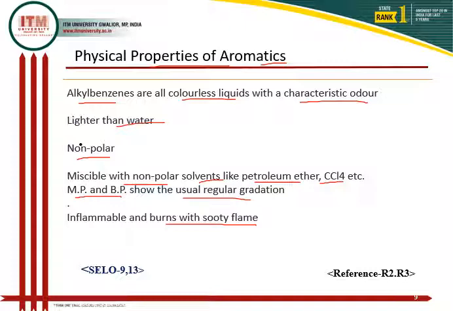So if we want to differentiate the aromatic from the aliphatic hydrocarbons, we always have this characteristic to use. We just burn in the flame, that is the flame test, and the aromatic compounds burn with a sooty flame, but aliphatic compounds burn with a yellow flame.